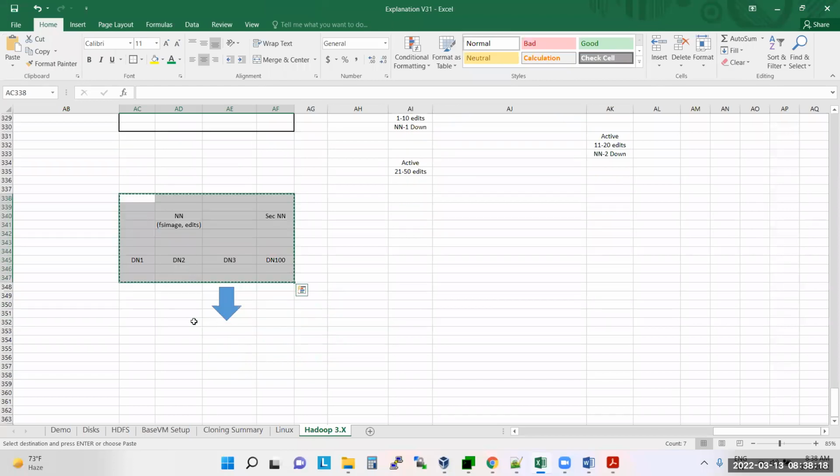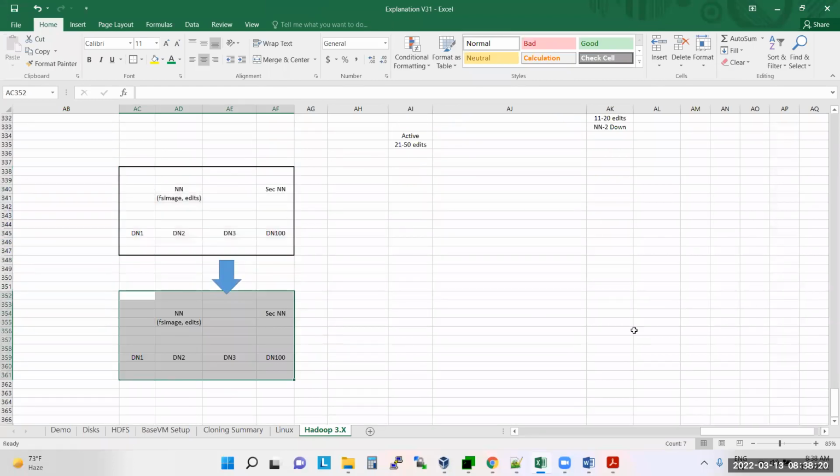In the place of secondary name node, we are bringing name node 2. I'm calling this name node 1. Yes or no? Yes, sir.